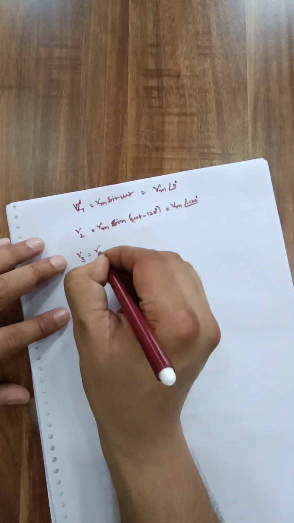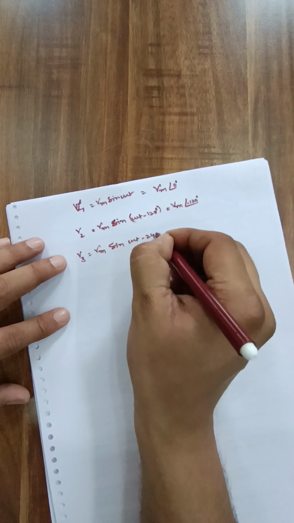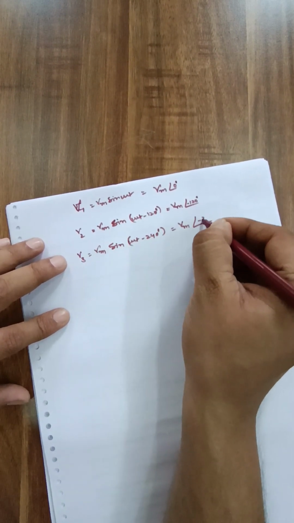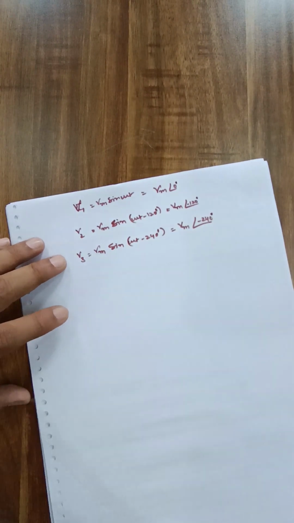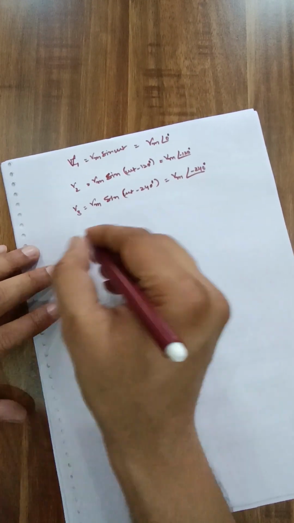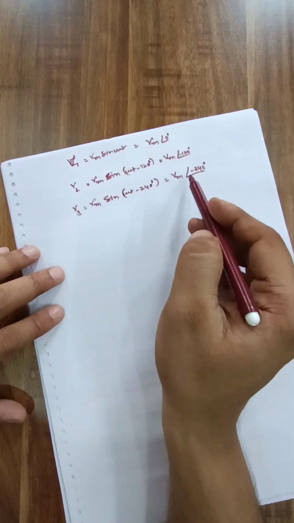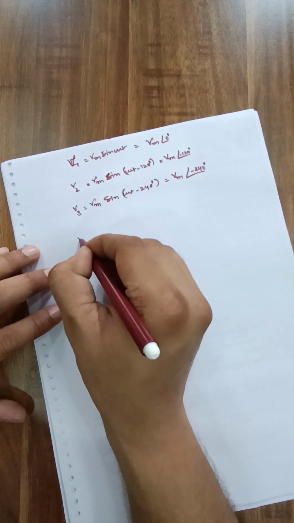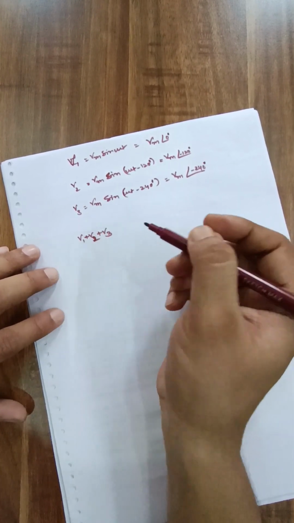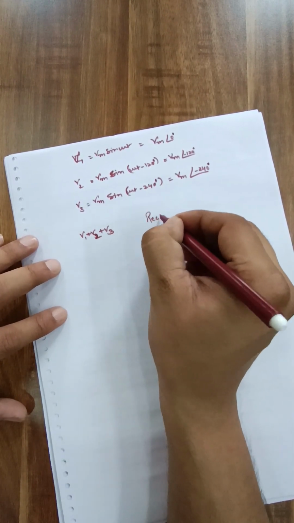V3 will be equal to Vm sin omega t minus 240 degree, so it will be equal to Vm angle minus 240 degree. Clear? Let us change this into rectangular form, because we have to add all these three. For addition and subtraction, what will we use? We will use rectangular form.